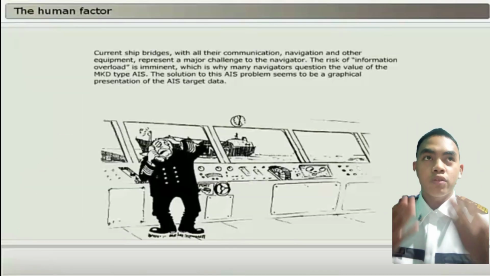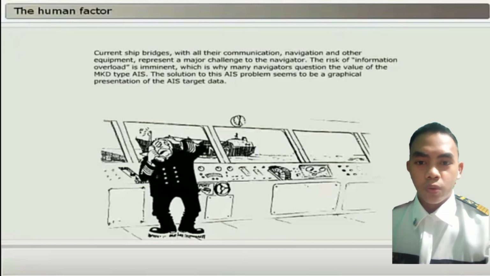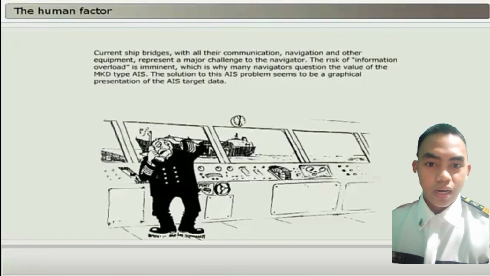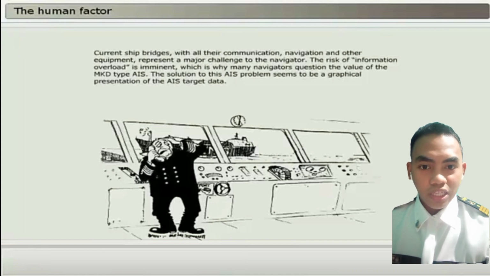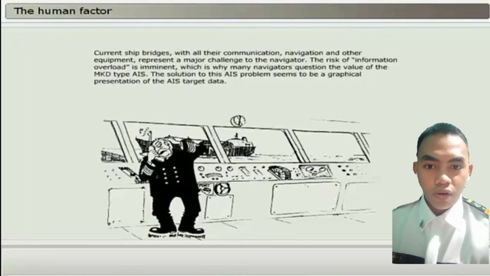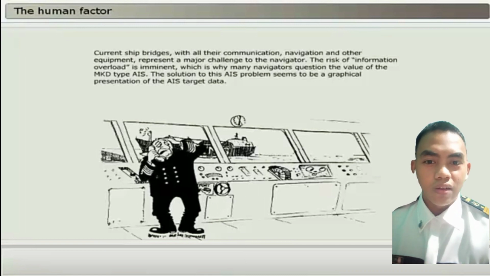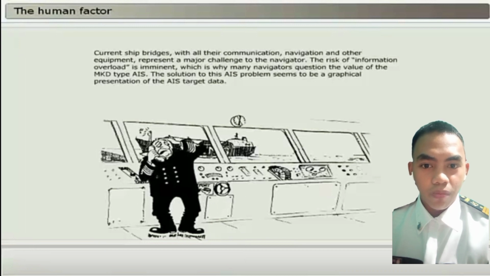Now, the human factor. In current ships, bridges with older communication, navigation, and other equipment represent a major challenge to the navigator. The risk of information overload is imminent, which is why many navigators question the value of the MKD type of AIS.